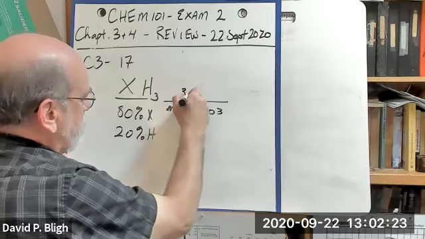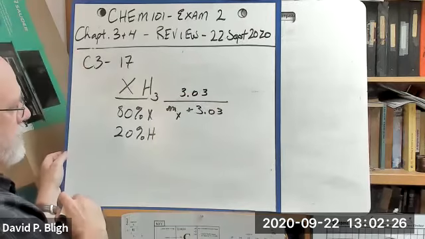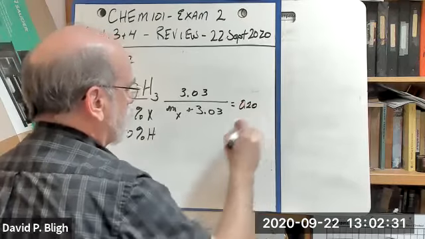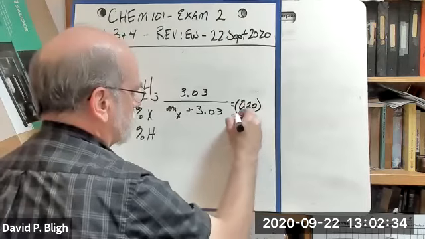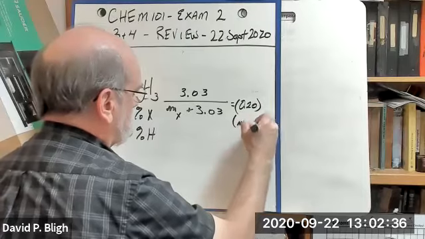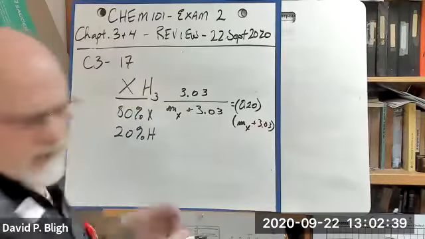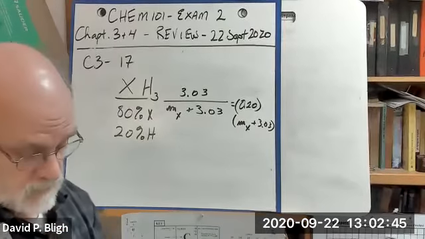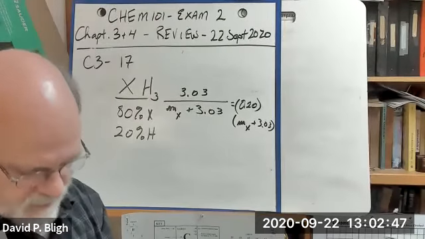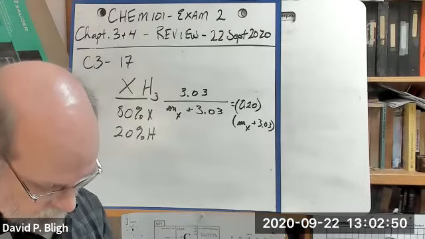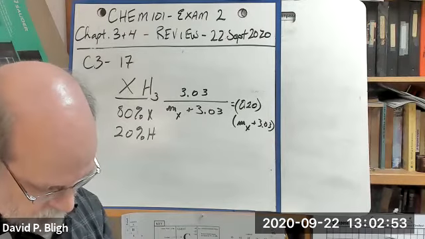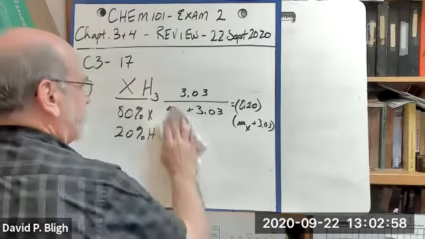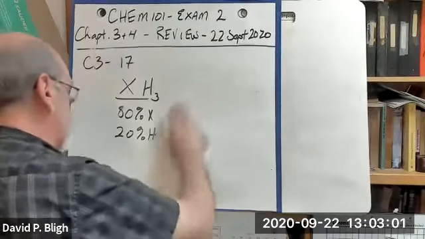And then 3.03 is equal to 0.20 times the total. I think I'm making it harder than it needs to be. It should just pop out at me, but it's not doing it. Oh, obviously. Okay. I am making it harder than it needs to be.